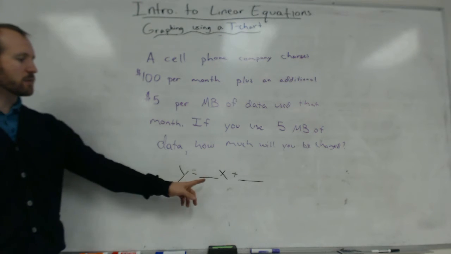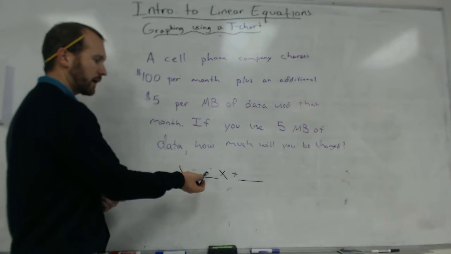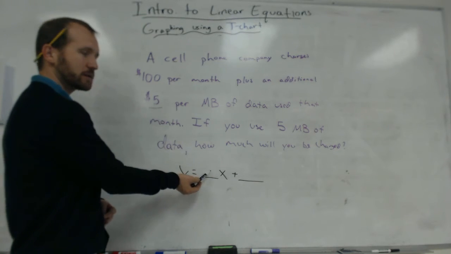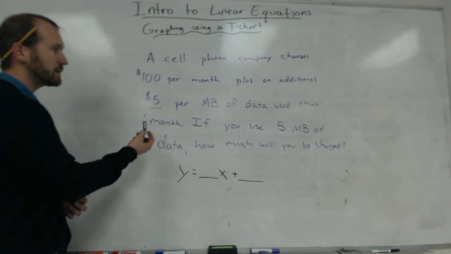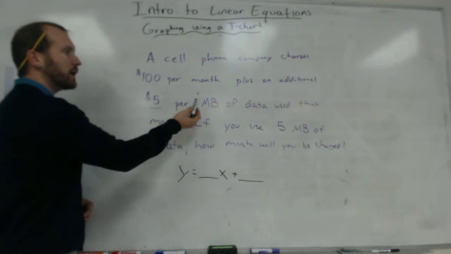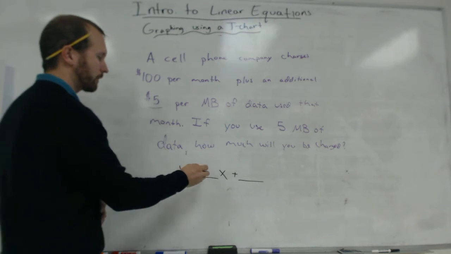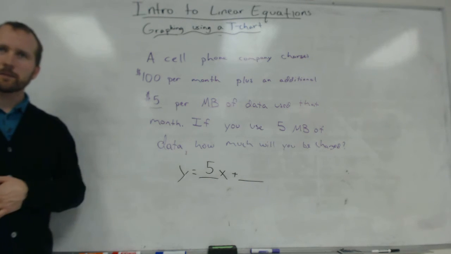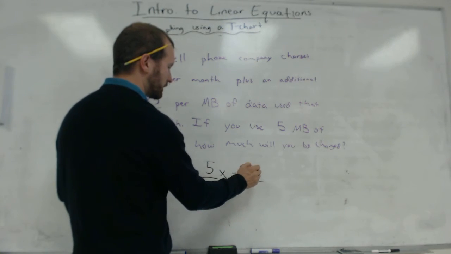Okay, so which number changes and which number stays the same? Raise your hand if you think that 5 is the number that changes that I should put there. Because we get charged $5 extra every time we use more data, right? So it's changing. And then what number would go there? 100. Because we're always going to pay $100.